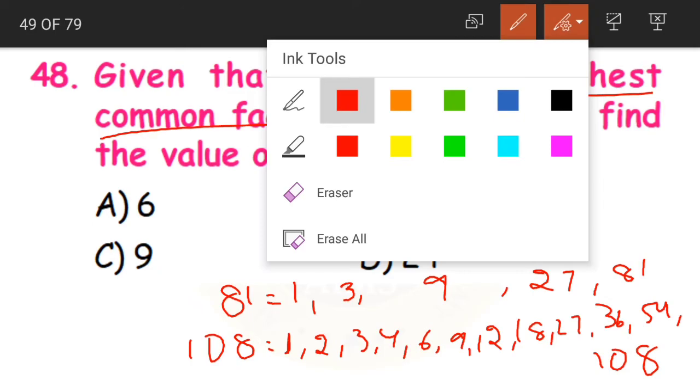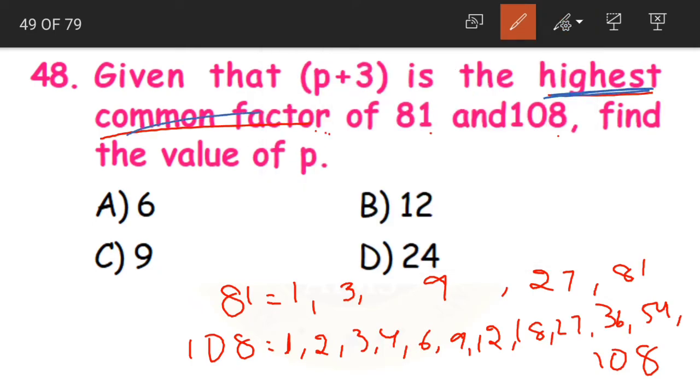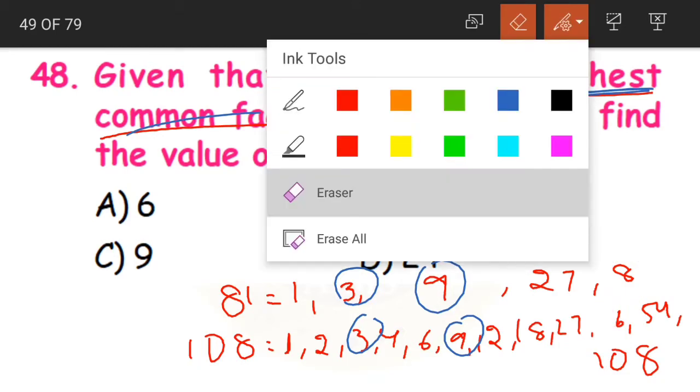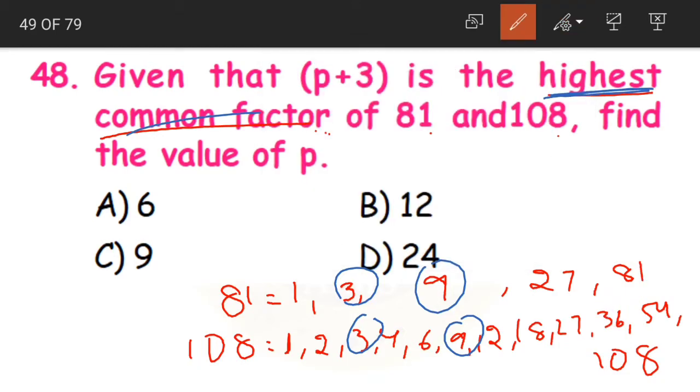Now what is the highest common factor here? See, 3, 9 and 27. Sorry, not 81. 3, 9 and 27 are the common factors, out of which which is the highest one? 27 is the highest common factor.